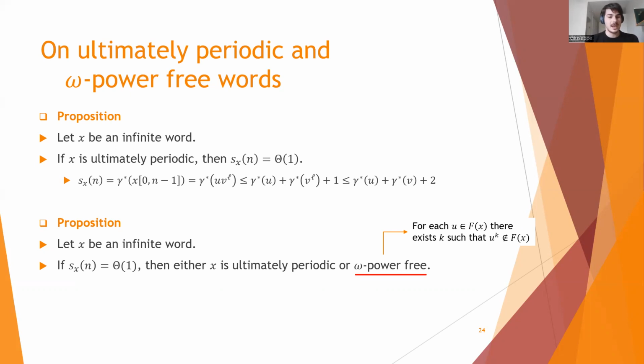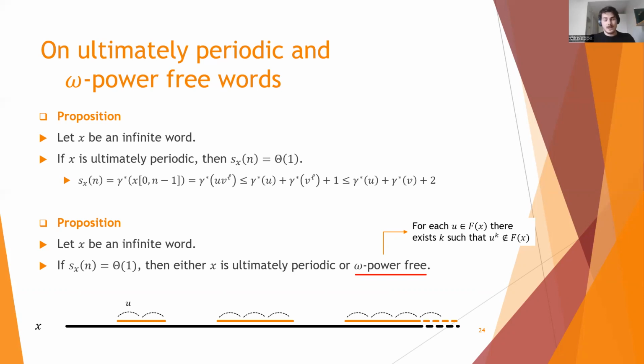So let us suppose that the word is aperiodic and not omega power 3. Then we will have an infinite amount of these runs of powers of u, each of which has a different context on the left or on the right, which leads to the fact that for each of these powers we must place at least a string attractor position. So the string attractor profile function cannot be bounded.